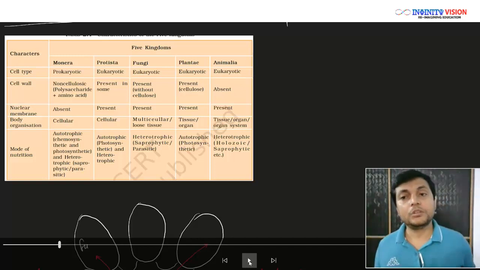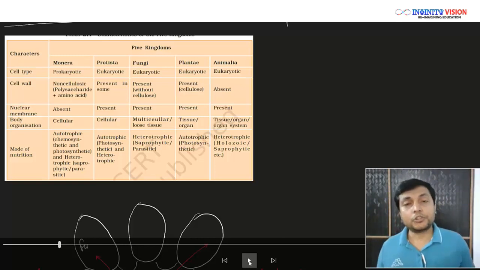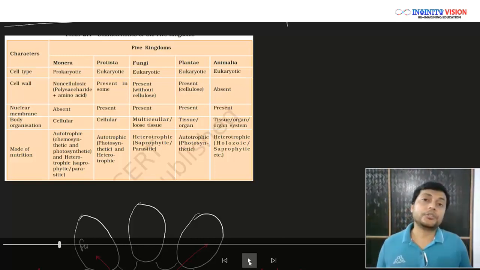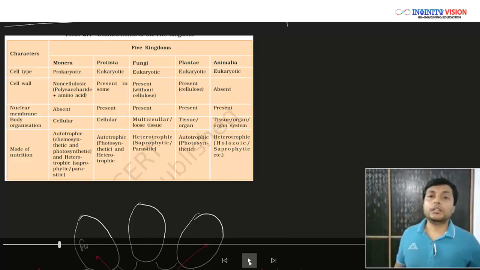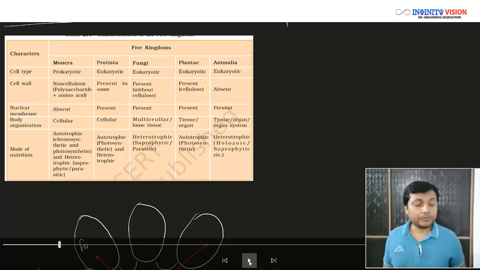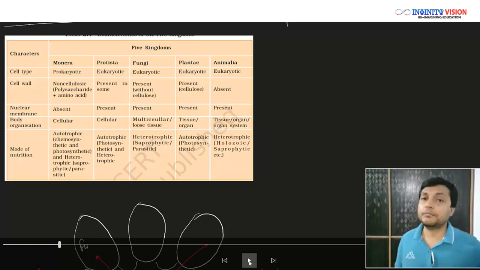When we are talking about Protista, they can show autotrophic nutrition or heterotrophic nutrition. However, their diversity in terms of nutrition is not as high as kingdom Monera.